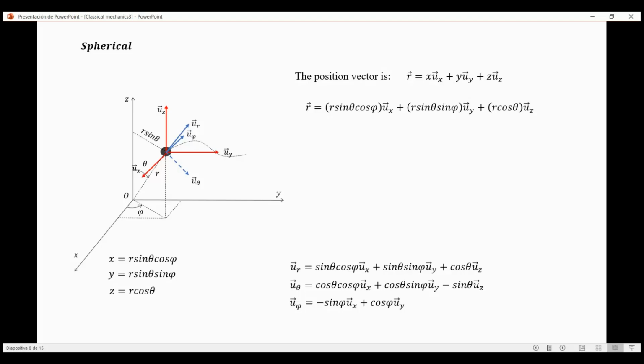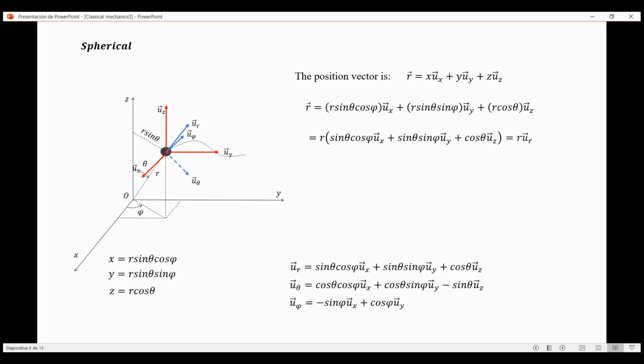We simply substitute the coordinates. So the r vector is r sine of theta cosine of phi ux plus r sine of theta sine of phi uy plus r cosine of theta uz. We take out r, and this is r multiplying sine of theta cosine of phi ux, sine of theta sine of phi uy plus cosine of theta uz. But this inside the brackets is simply ur.